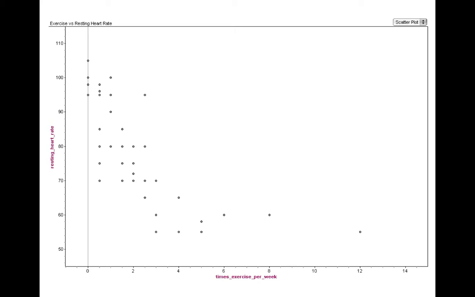Notice that we have some sort of outlier way out there at 12 times of exercise per week. So we can have our trend line over there, but that seems to be really far away from most of the data. It's close to that one and kind of close to 12 exercises per week, but far away from everything else. Let's try again.